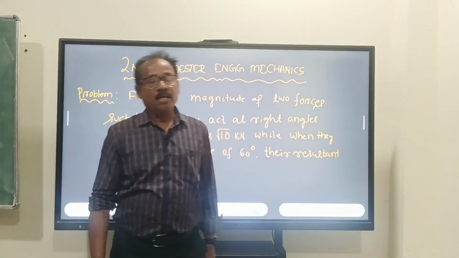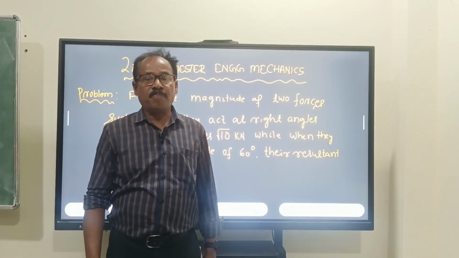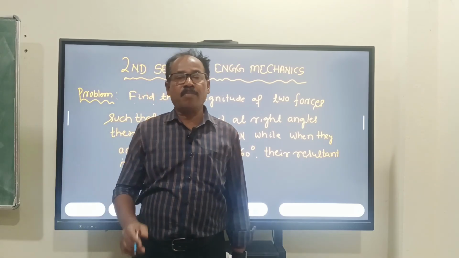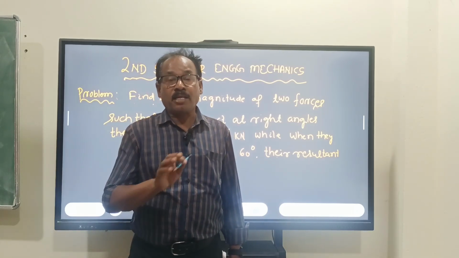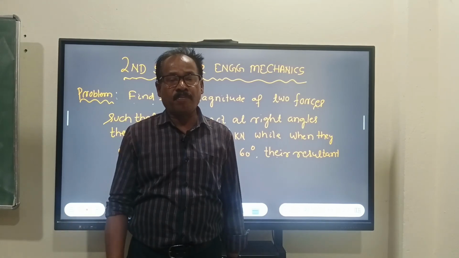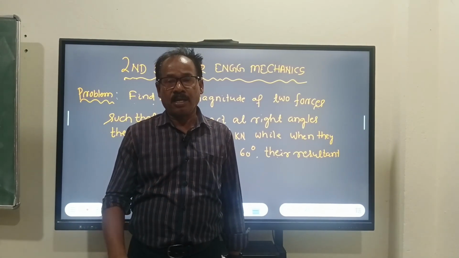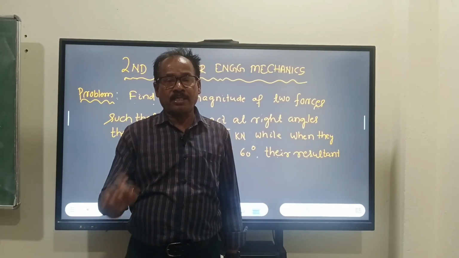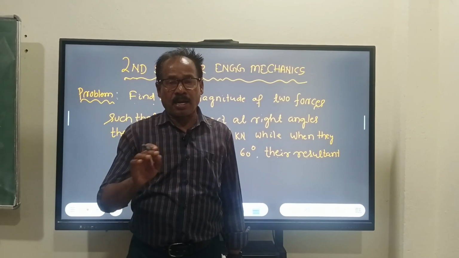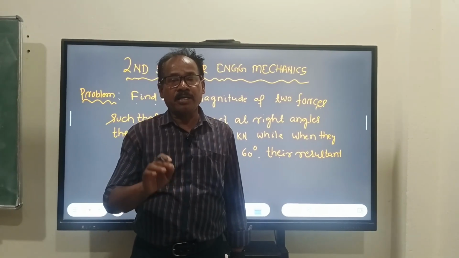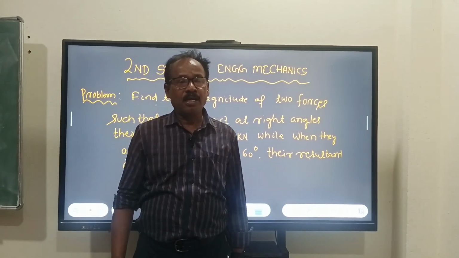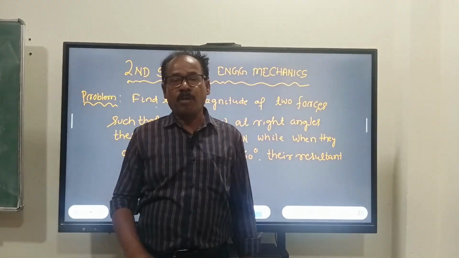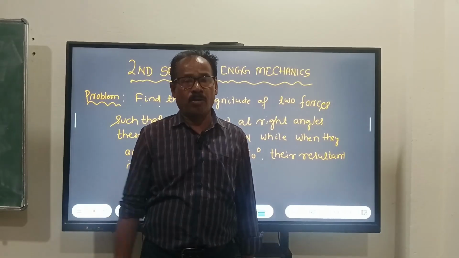You know that this theorem states that if two forces acting at a point are represented in magnitude and direction by the two adjacent sides of a parallelogram drawn from a point, then the resultant is represented in magnitude and direction by the diagonal of the parallelogram passing through the intersection point. Then R is equal to root over P square plus Q square plus 2PQ cos theta.